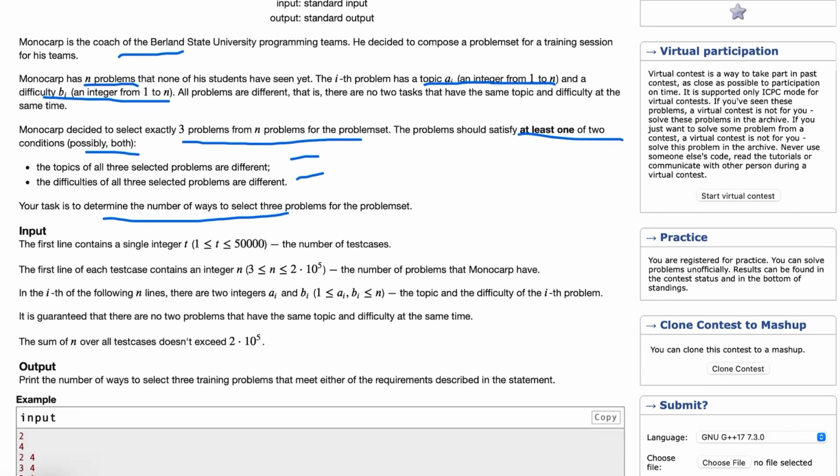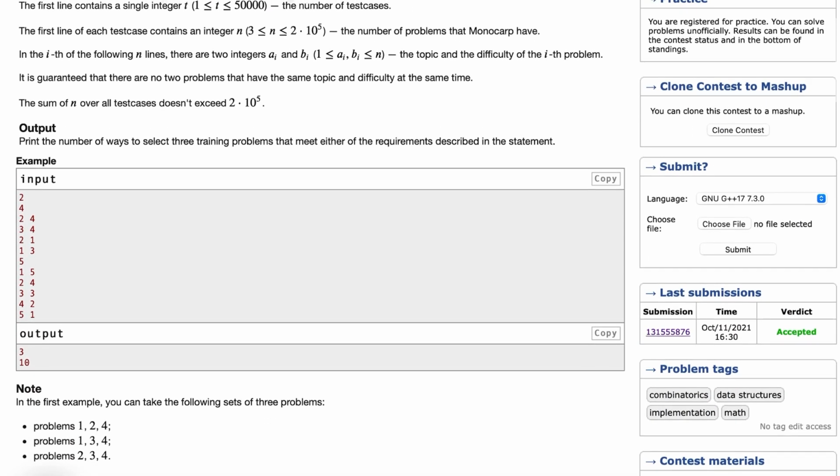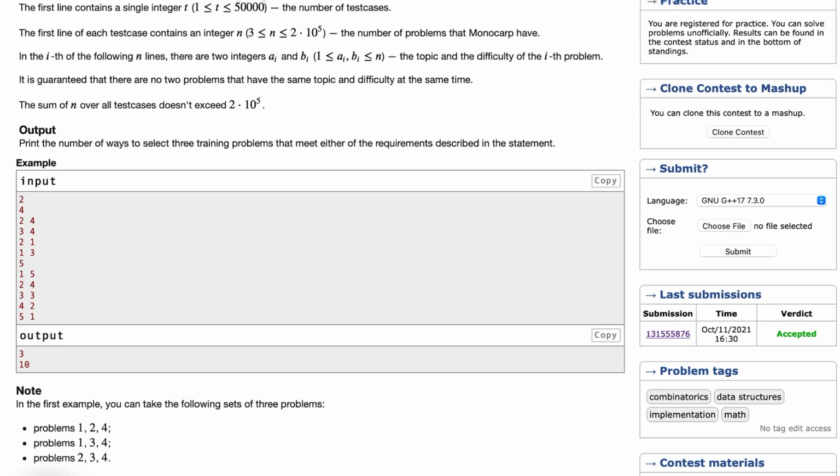Let's check out the example so we can see how the triplets are formed. If I consider this example, that is (2, 4), (3, 4), (2, 1), (1, 3). Now, one problem set that I can form is (2, 4), (2, 1), and (1, 3).